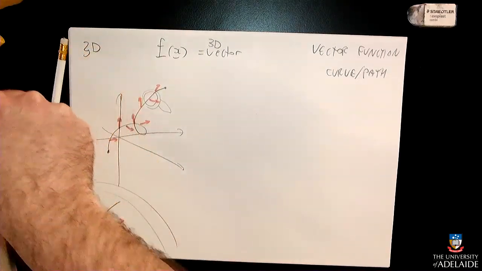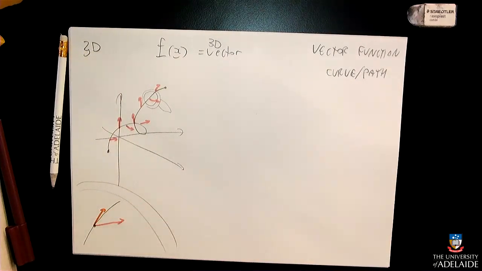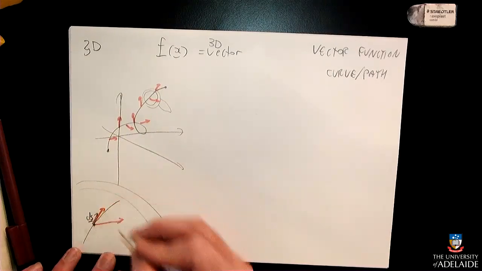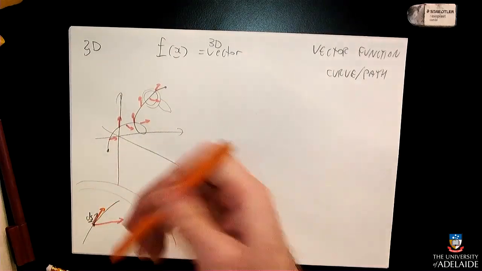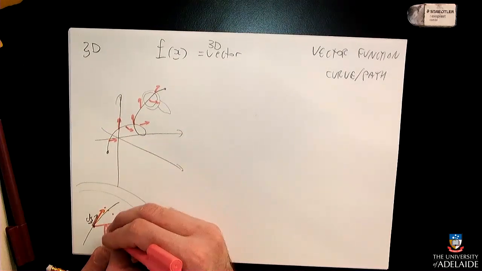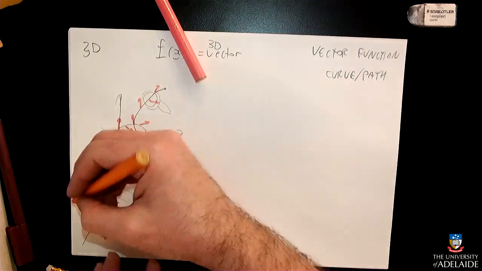The curve is currently going this way. And so that's my ds there. And this orange bit is the component of the vector. This is f of x. This orange bit is the component of the vector in the direction of ds.